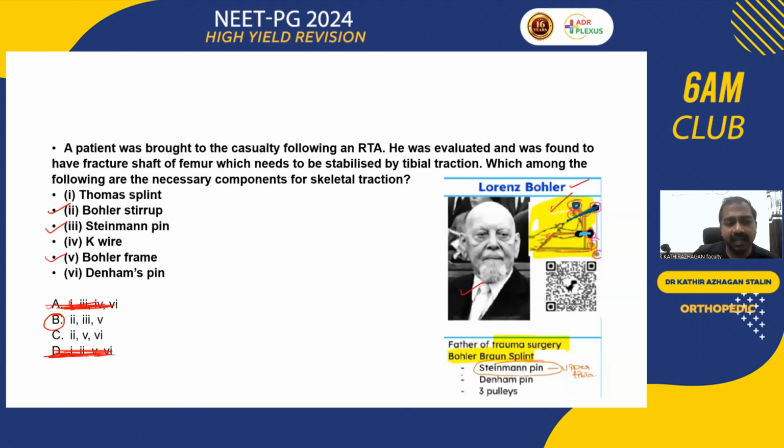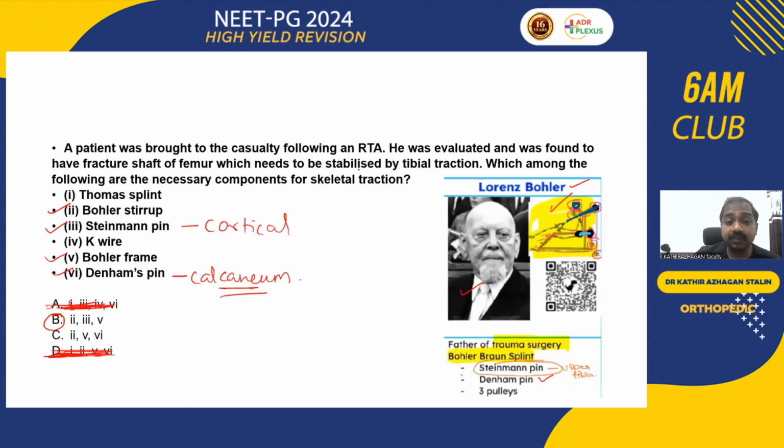See, Aaron, you thought Denham pin because I have given Denham pin in my notes. But remember the difference between a Denham pin and a Steinmann pin. A Denham pin is a centrally threaded Steinmann pin, that's all, and it is used for cancellous bone like the calcaneum. Steinmann pin is used for cortical bone.